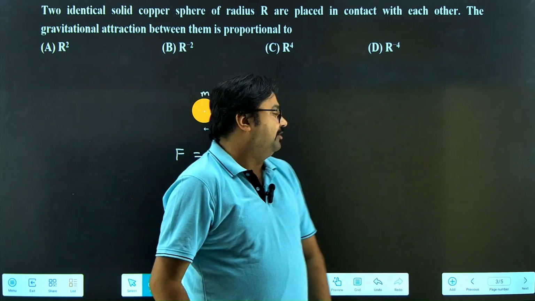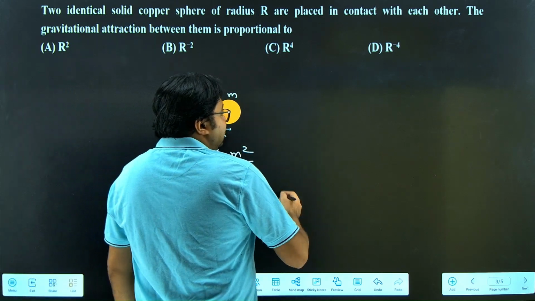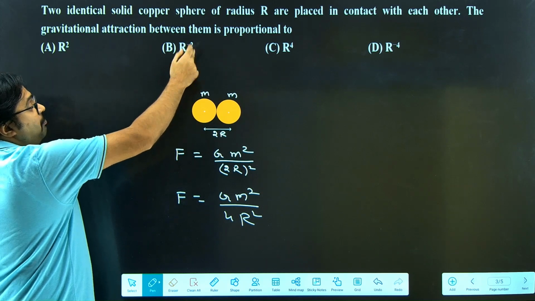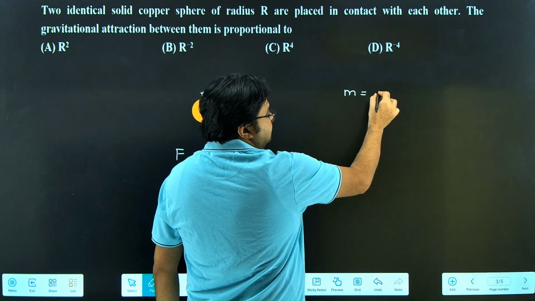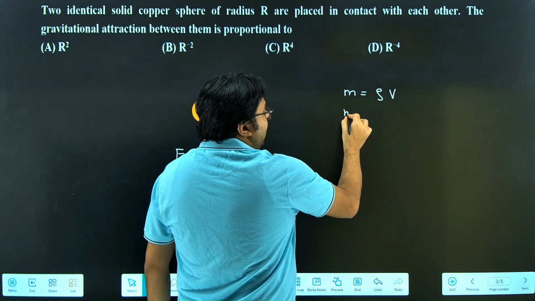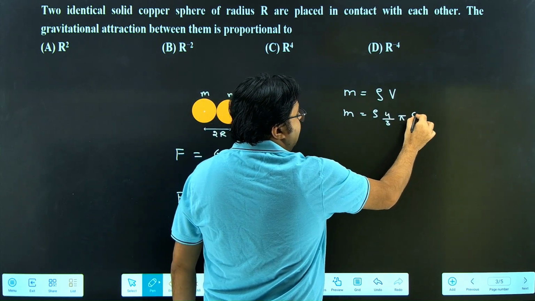So let's put the effort. Well, of course, from here, you can start writing proportionalities, because the question says is proportional to. The mass of the copper sphere can be expressed in terms of its density and volume. And you know that volume of a sphere is 4 divided by 3 pi r cube.